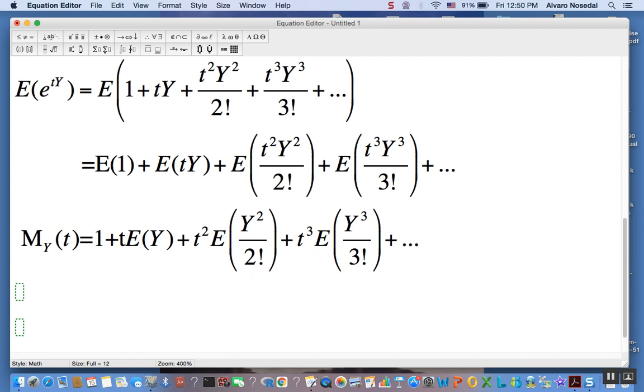Now, I want you to do something here. Find the derivative with respect to t of that function, and we're going to evaluate it then at 0 and see what happens. So take the derivative with respect to t of that function.